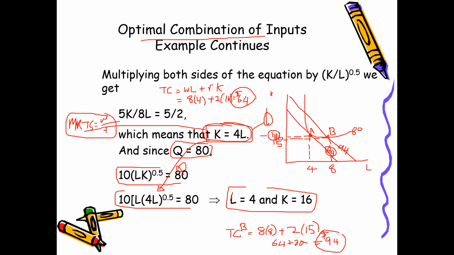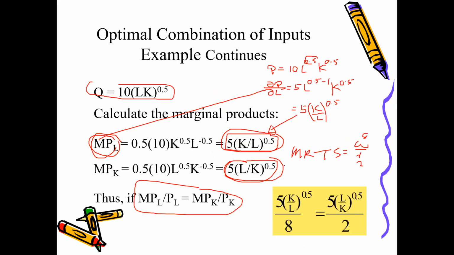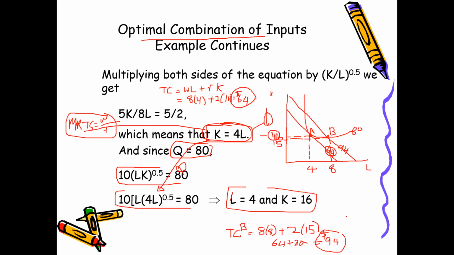The condition you can rewrite like this also if possible. With that first order condition, you ultimately get K equals 4L.